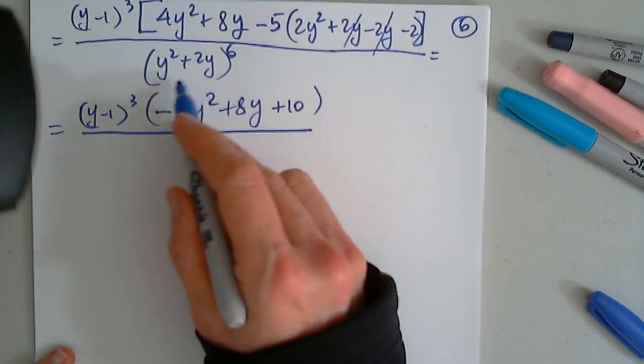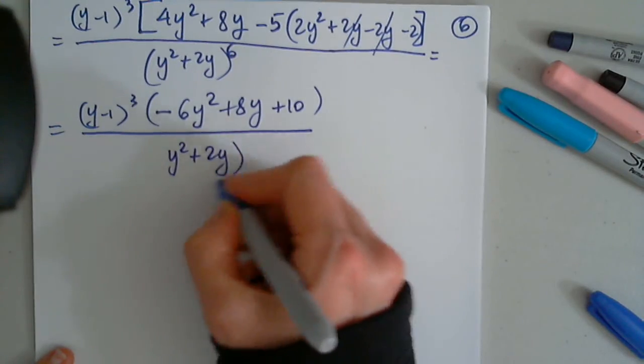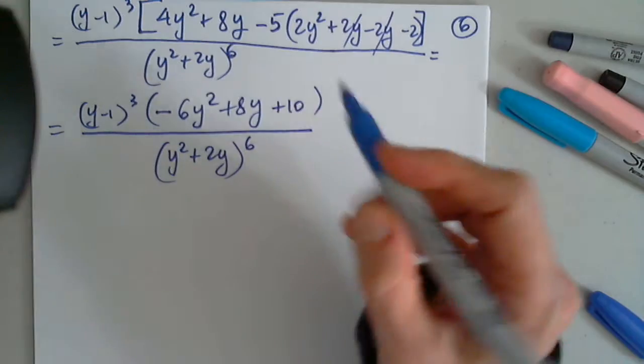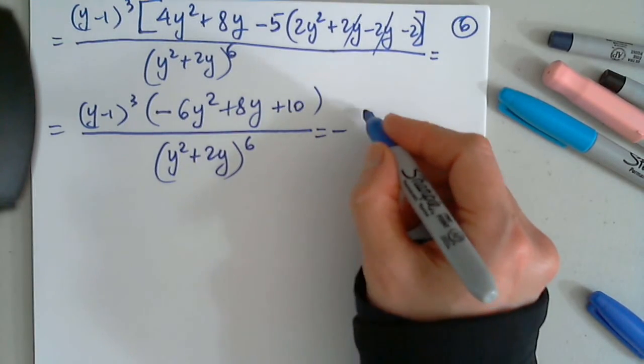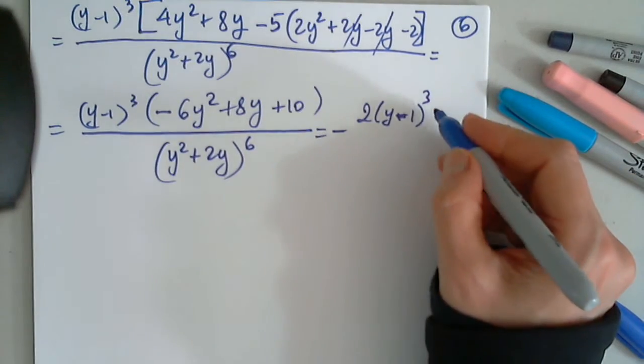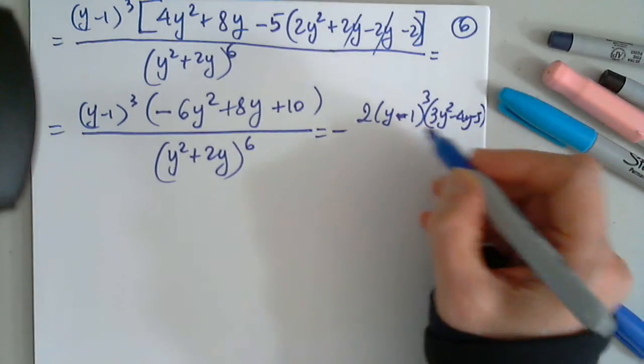Over, we can factor, but that's good enough. So y squared plus 2y to the 6th power. I will recommend factoring out a -2. Y minus 1 to the third. And then we have 3y squared minus 4y minus 5.